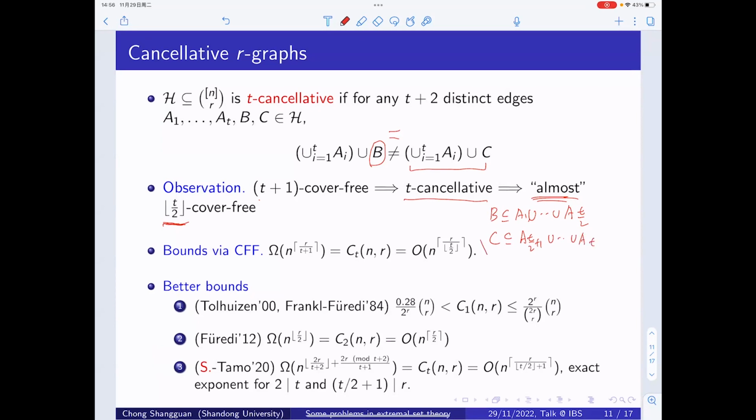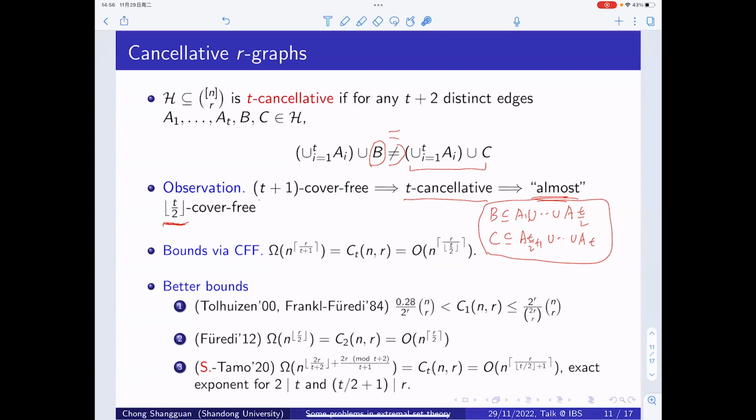And this choice of A_i's, B and C will violate the inequality here. So based on the bounds of cover-free families, we can have such lower and upper bounds on t-cancellative hypergraphs.